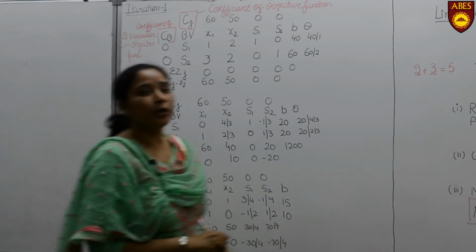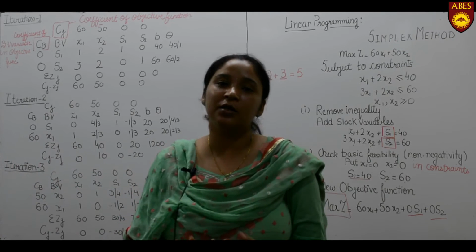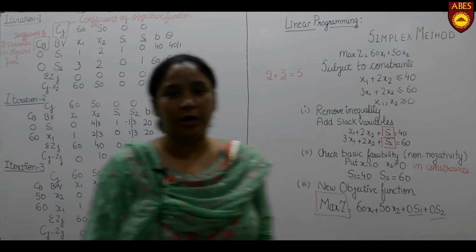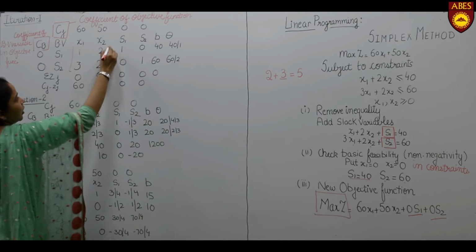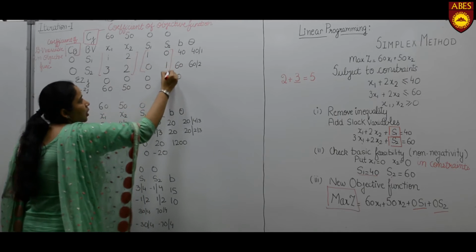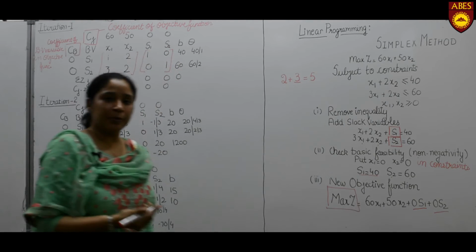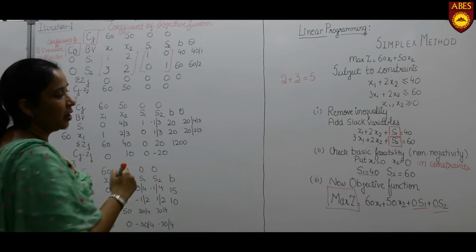Now we have to make two matrices over here. The first one is the body matrix and the second one is our unity matrix. Body matrix is this one and this is our unity matrix. How will we prepare that? It will be prepared with the help of our constraints.